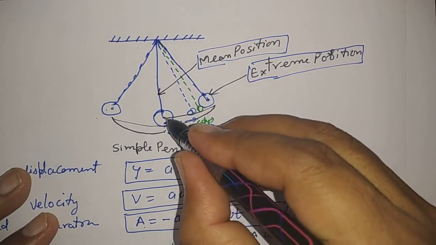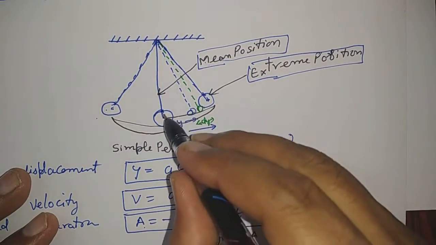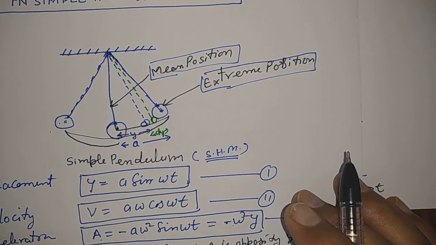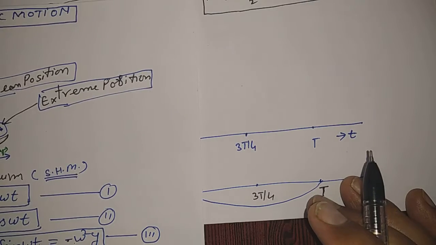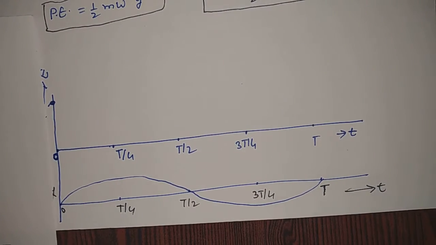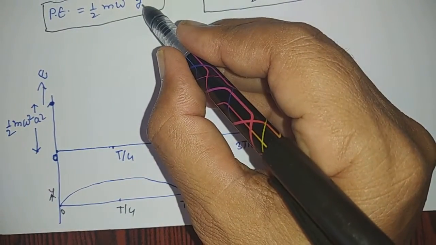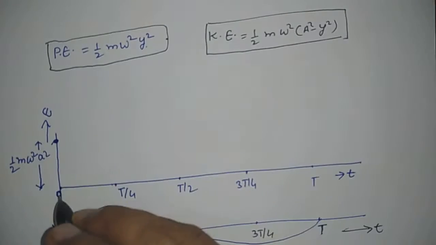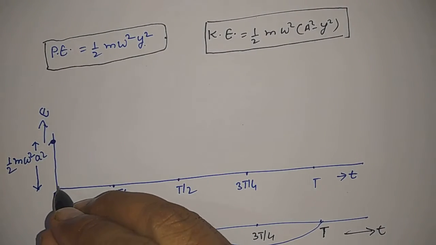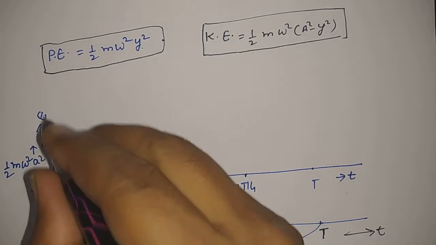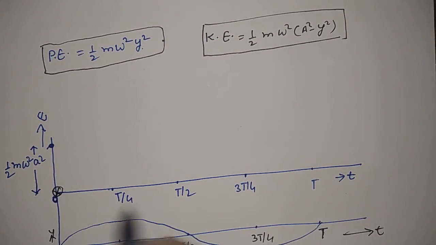We are going to see potential energy at the mean position. At the mean position displacement is 0. Displacement is 0 means y is 0, and y is 0 means the potential energy is 0. See in the graph, we are going to trace with this black line. This is the energy curve against time.